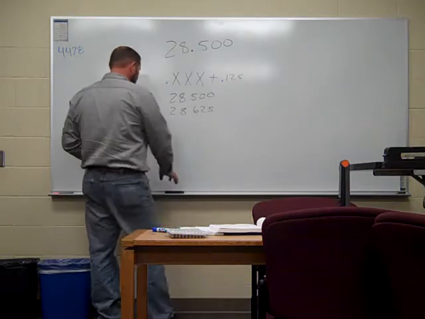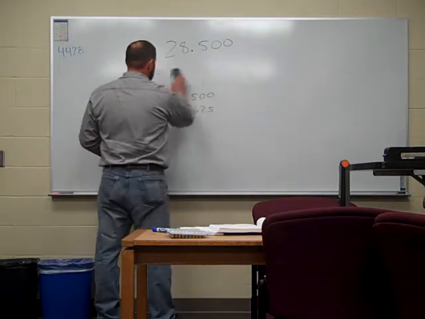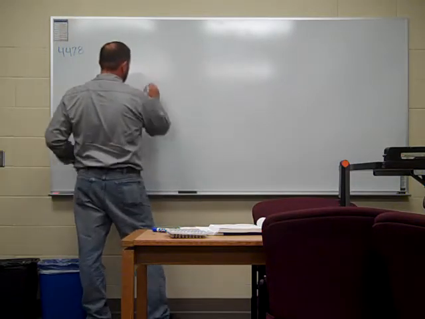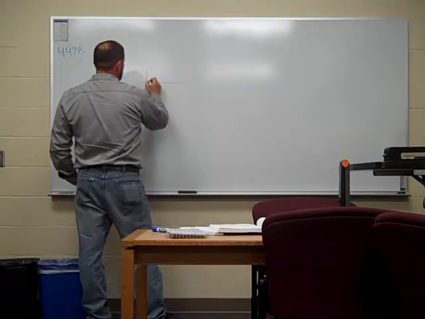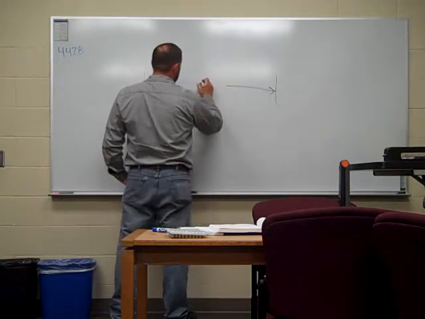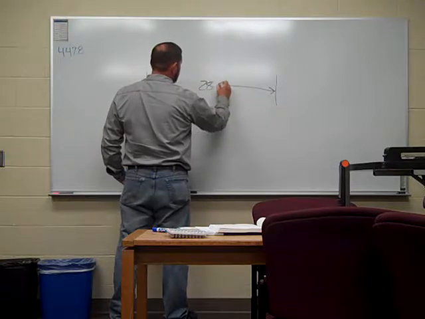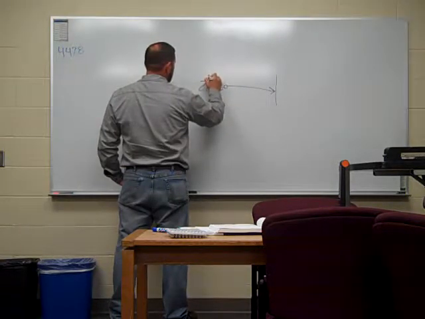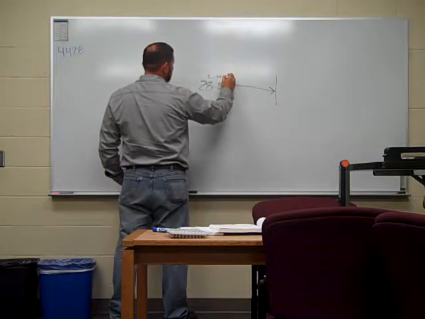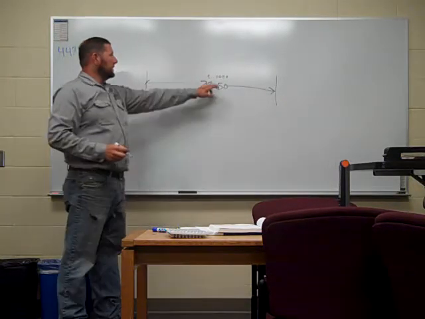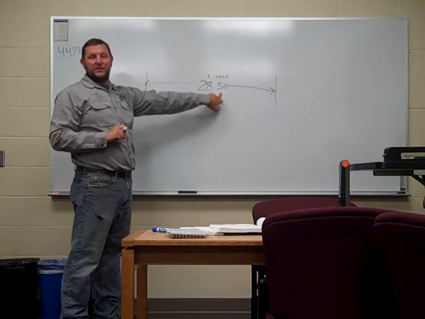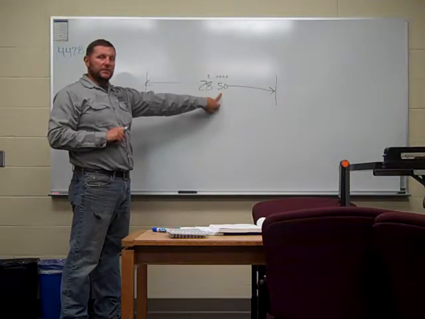Now there's another type of tolerance that's explicit. That'll be given to you directly right on that print. So here's my dimension. Let's say it's 28.50, and it might say right above it, plus or minus 0.0625, 1/16. When you see that, the tolerance directly applies to only that dimension. You do not use the general tolerances anymore.